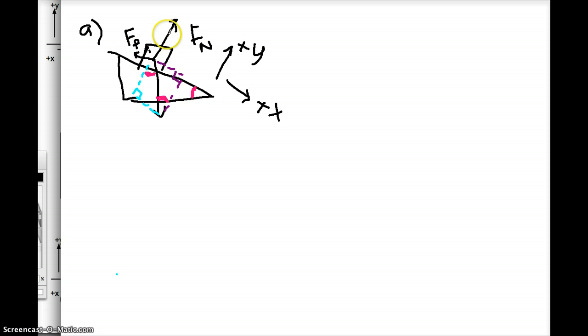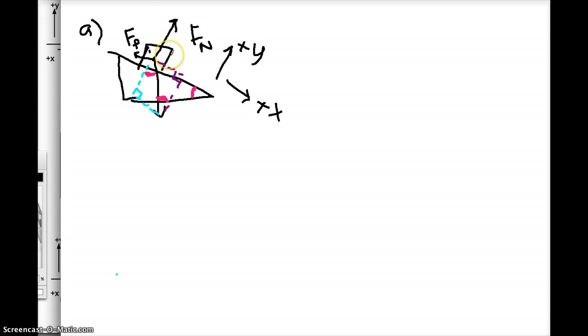So the normal force always will be this y component of gravity, as long as there's nothing else that's possibly pushing down on the block. If there was a separate force that was pushing down on this, then the normal force would actually increase, because not only does that surface have to apply a force to the block that overcomes the force of gravity, but it will also have to overcome an applied force, something that's pushing.